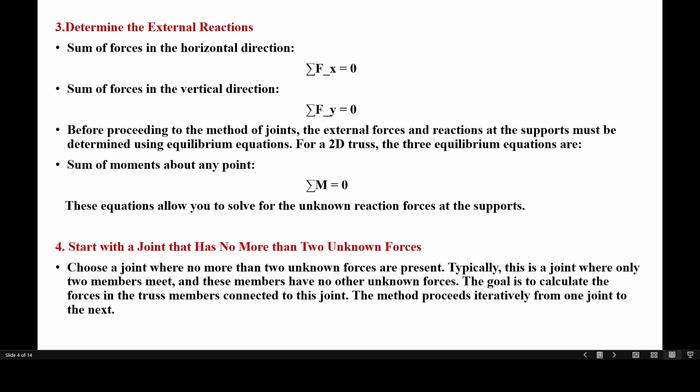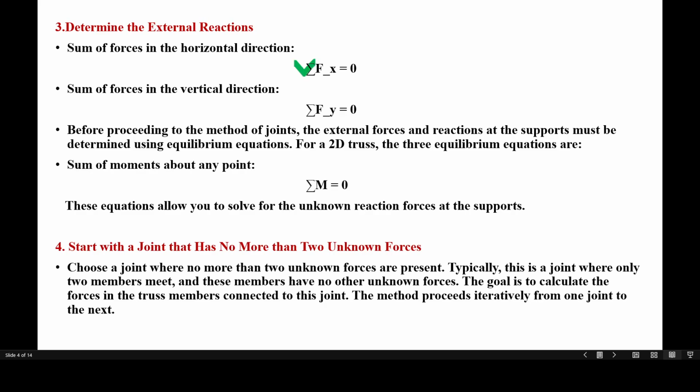The third step is determining the external reactions. Before we start analyzing each joint individually, we need to determine the external reactions at the supports. This is essential to keep our truss in equilibrium. To do this, we use three equilibrium equations. The first is that the sum of all the forces in the horizontal direction is equal to zero.